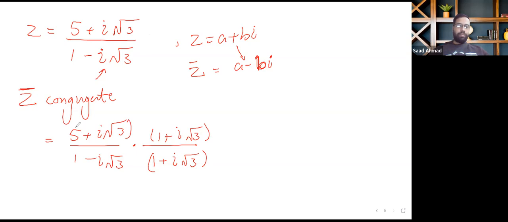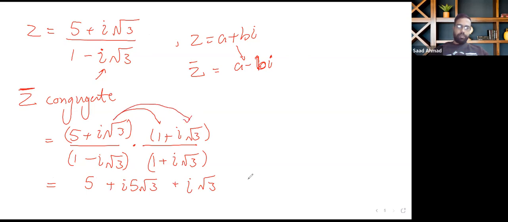Now let's multiply them. We apply the FOIL rule that we just learned. 1 times 5 gives us 5. Then 5 times i square root 3 is 5i square root 3. Then i square root 3 times 1 is i square root 3, and i square root 3 times i square root 3 gives i squared times 3.